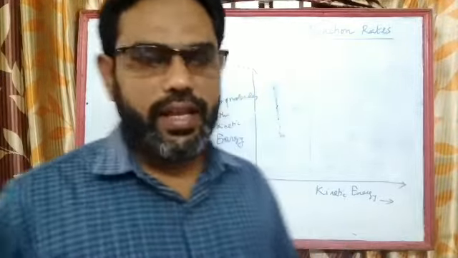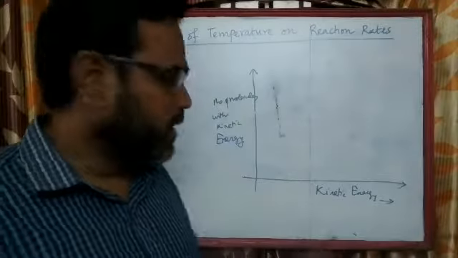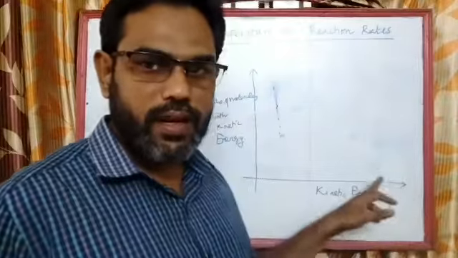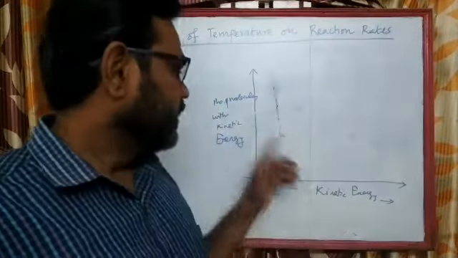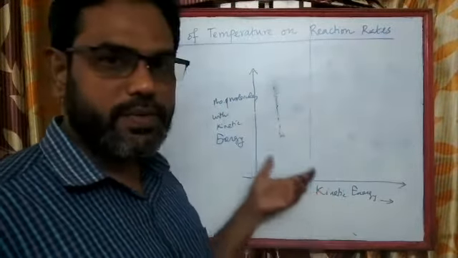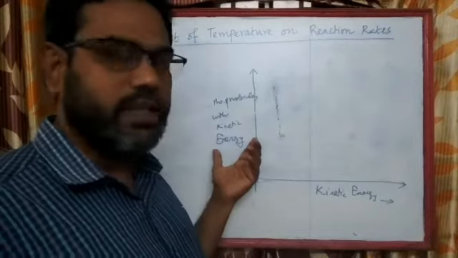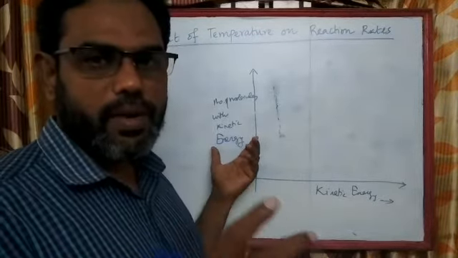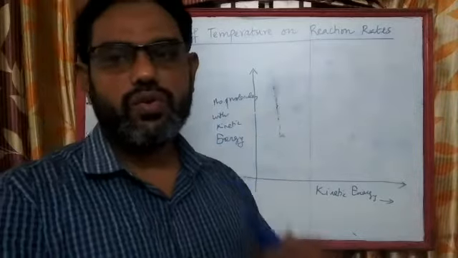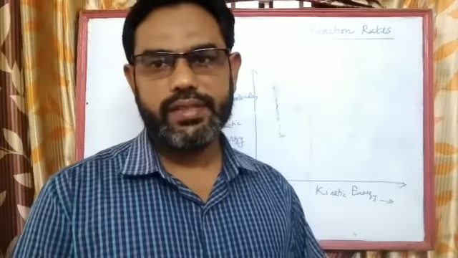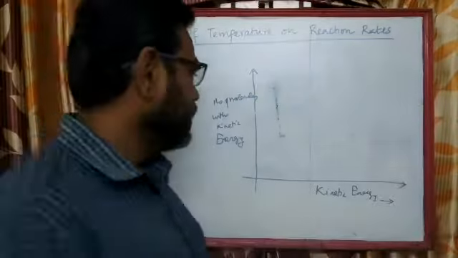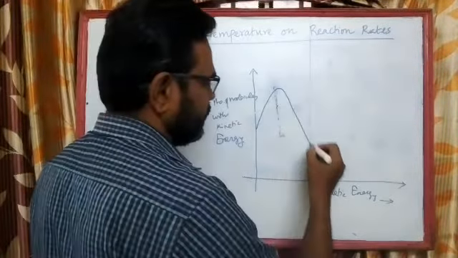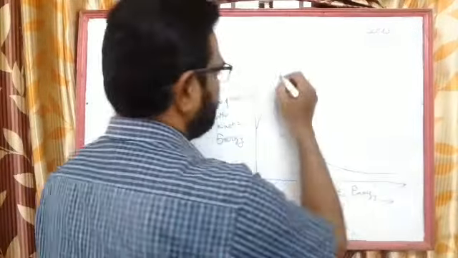Then I am going to study the kinetic energy with respect to the number of molecules with the minimum or appropriate kinetic energy to give products. Say this is a temperature T1.